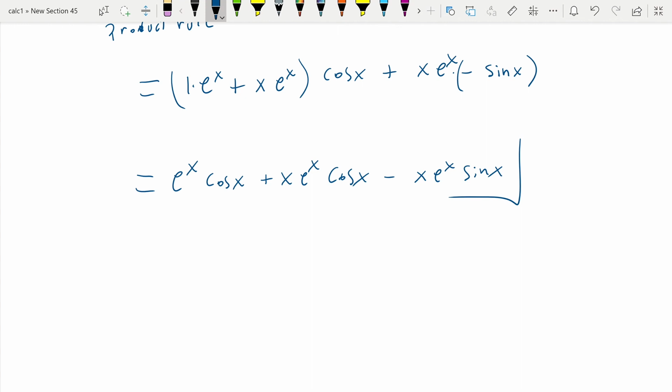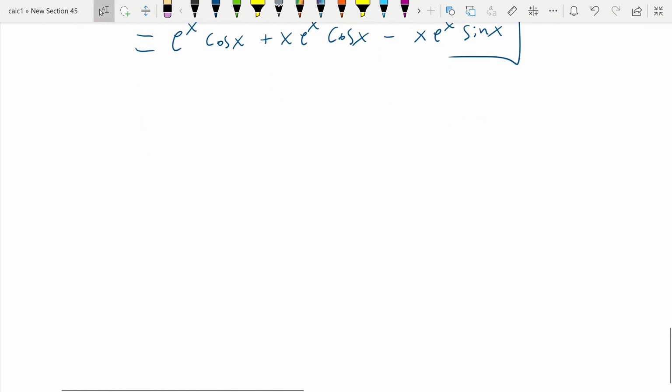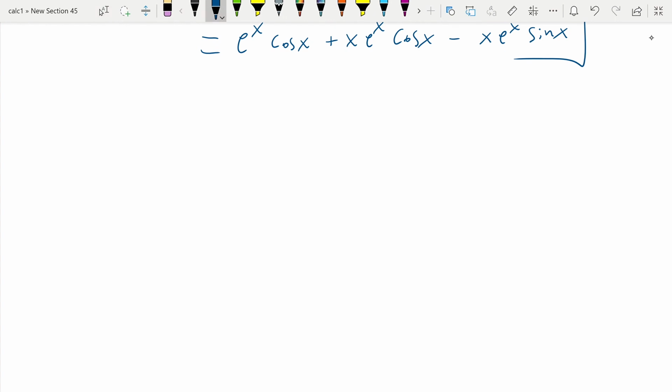Okay, so there are many things that you may be asked to do, a combination of things. As I said, now that you know the derivative of sine and cosine, you may be asked to compute the nth derivative of sine, the nth derivative of cosine. Another thing you may have to do would be simple derivatives involving sines, cosines, exponentials, and polynomials, now that you know how to differentiate all these functions.